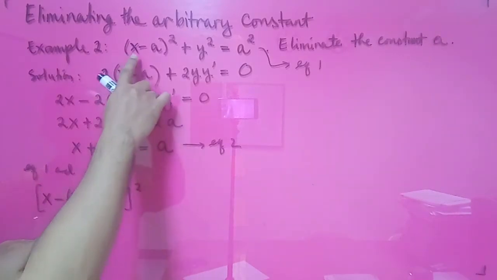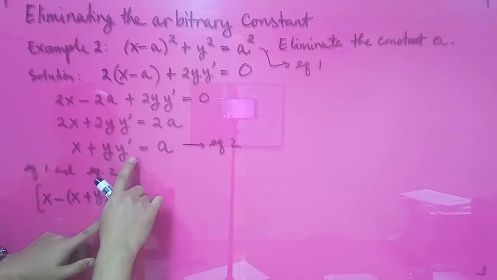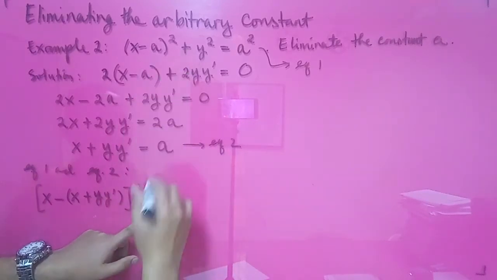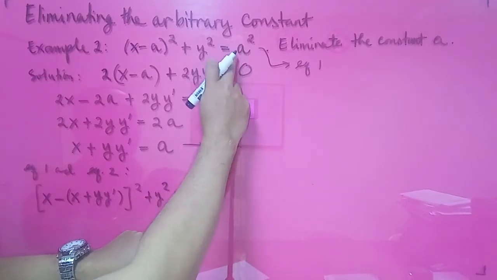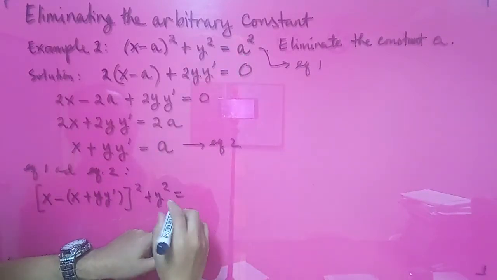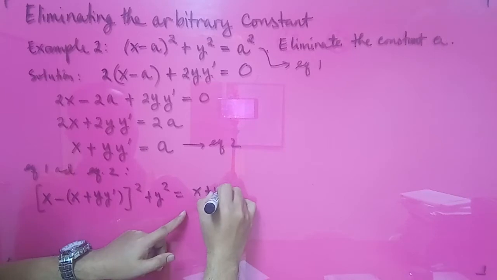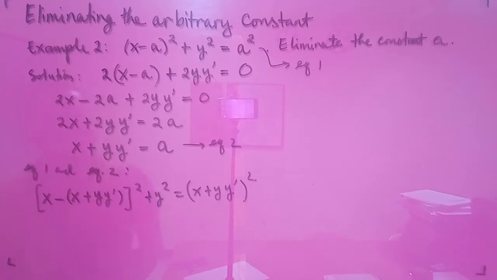so squared. x minus the value of a, which is x plus y y', so we have this one, plus y squared, that is equivalent to, instead of writing a squared, I will write x plus y y' squared. Okay, so when we combine this one, x minus x, that is equivalent to 0. So what remains here is y y' raised to 2.